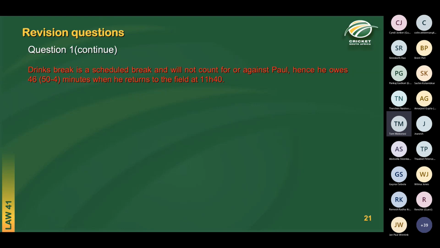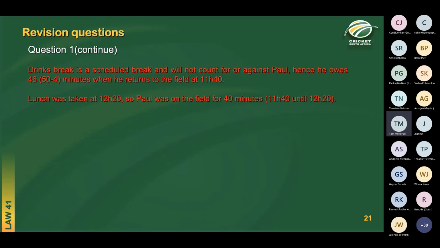So that means we take 4 minutes off the 50 minutes that he was off the field. And that's how we get to your same answer of 46 minutes when he returns to the field at 11:40. That is how much penalty time he owes us.